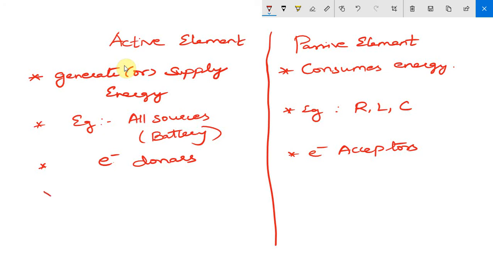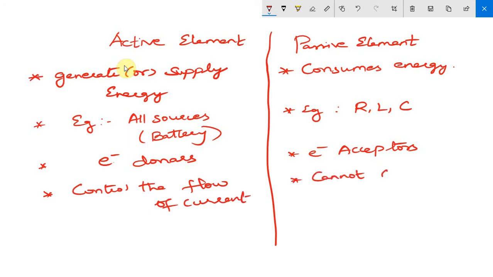The next one is, in the case of an active element, we can control the flow of current, whereas in the case of passive elements, we cannot control the flow of electrons. So these are the basic differences between an active element and a passive element.